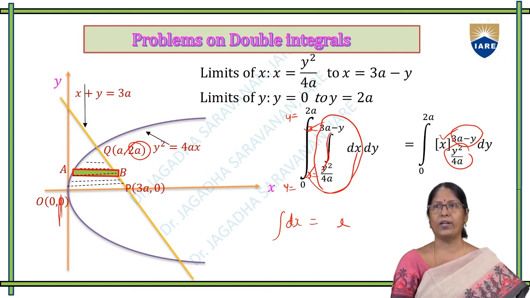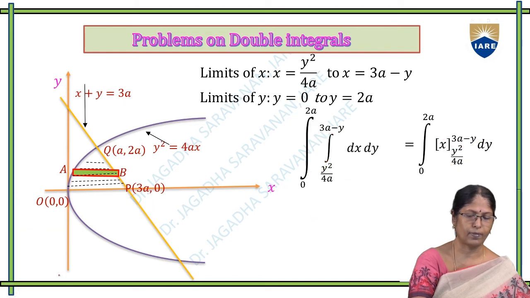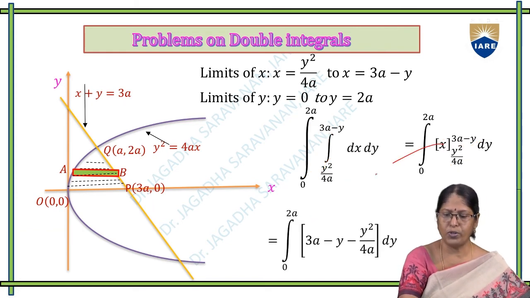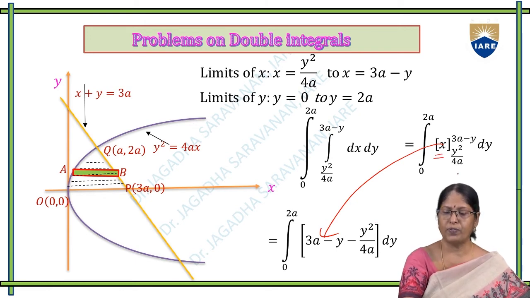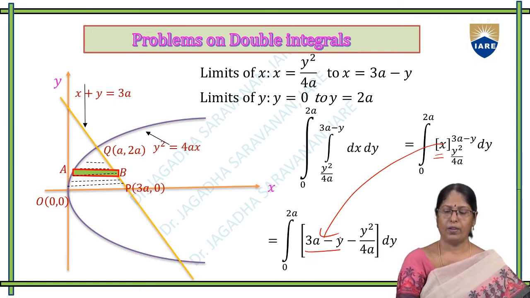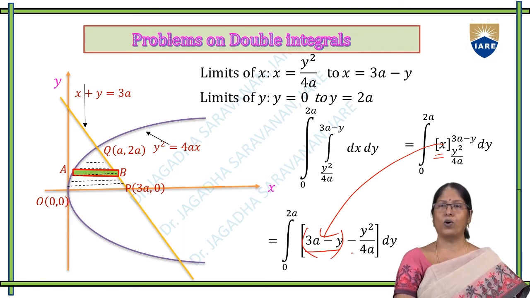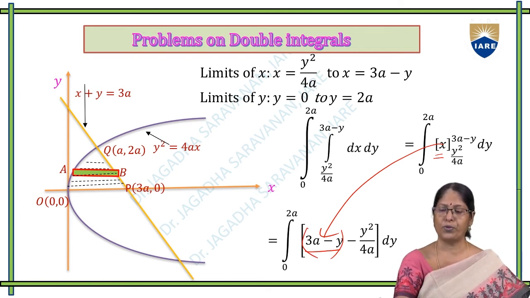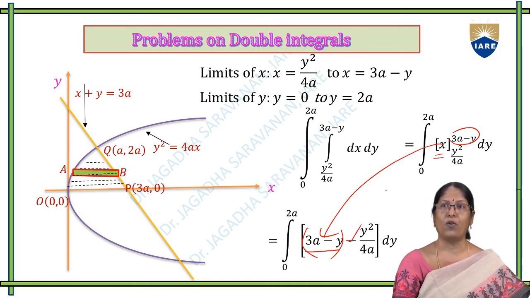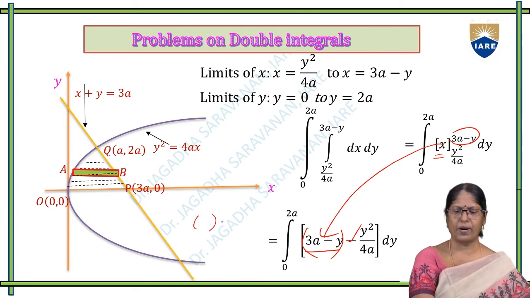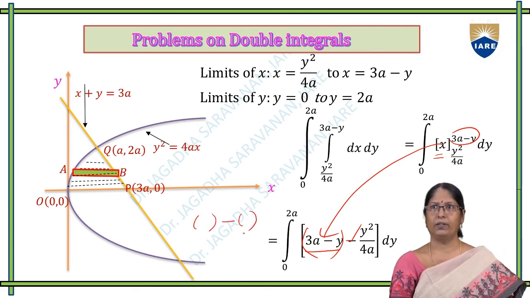Now the leftover is, we have to substitute the upper limit and lower limit. So we substituted in this particular place the upper limit. In the place of x we substituted, we got 3a minus y. So this is the position for the upper limit. This is a limit formula, that is upper limit minus lower limit.